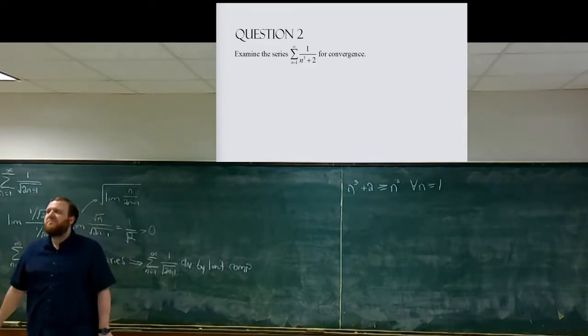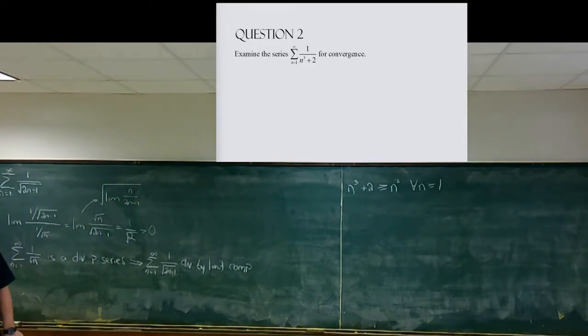Do you agree with that statement? N cubed plus 2 is greater than or equal to n cubed. Yes, for all n greater than or equal to 1. Obviously not true for negative n, but for positive n it is.